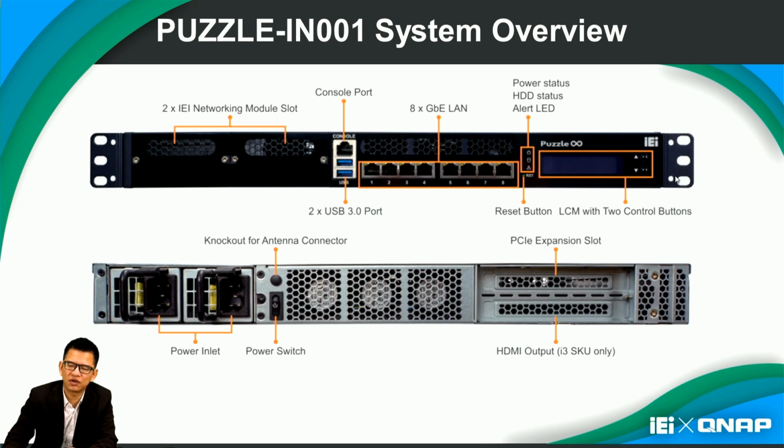And we also have LCM modules. In the backside of the system, you can see there are 2 redundant modules here, a switch, and antenna holes. We can use the antennas for Wi-Fi, 3G, and 4G functions. And there are 2 PCI expansion slots here.